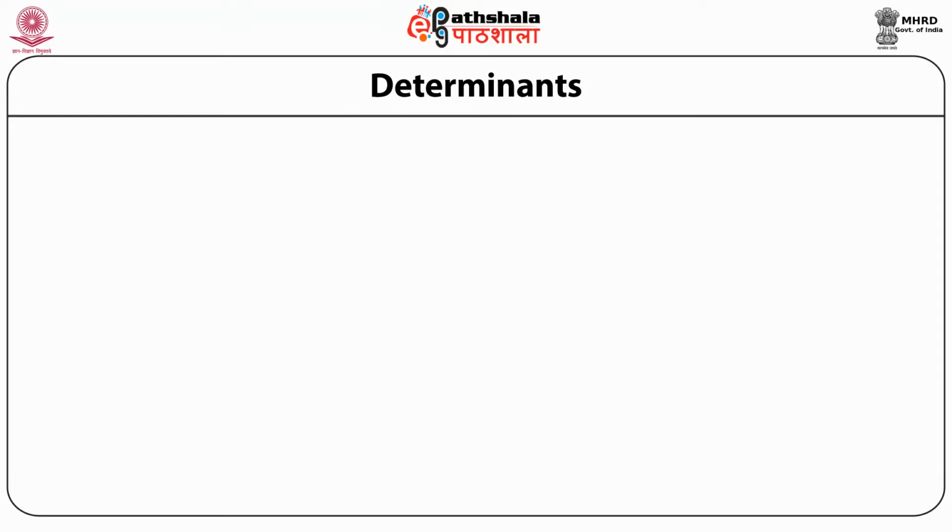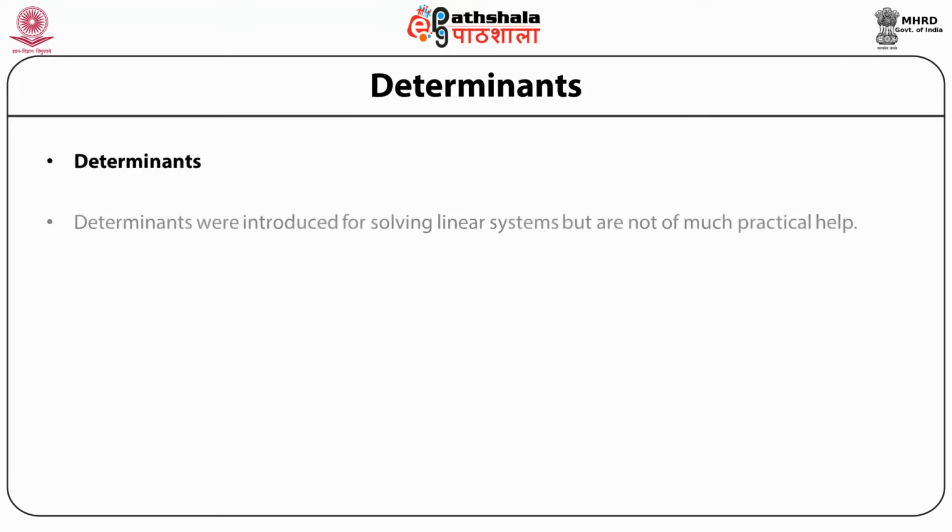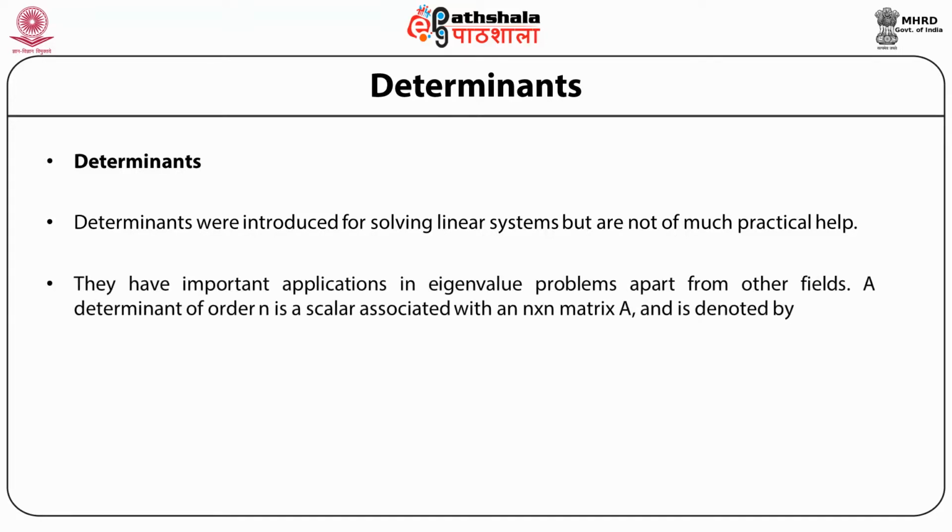We will next learn about determinants. Determinants were introduced for solving linear systems but are not of much practical help. They have important applications in eigenvalue problems apart from other fields.